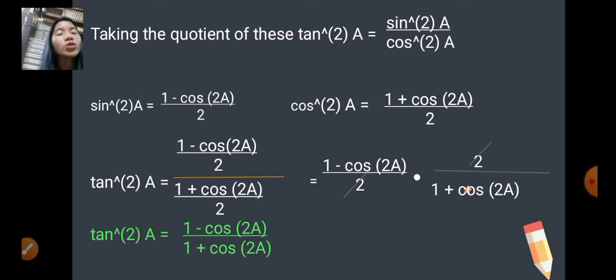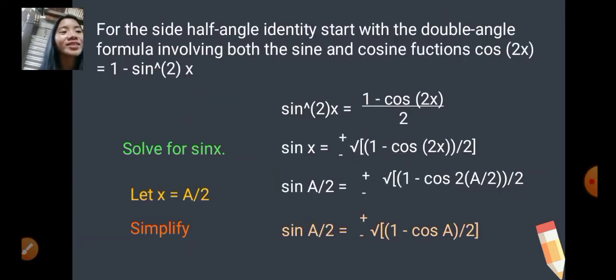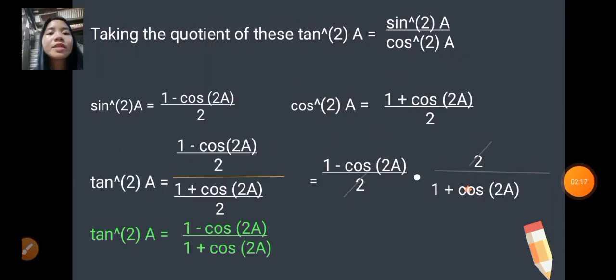So taking the quotient of this, tan squared a is equal to sine squared a over cos squared a. We have sine squared a is equal to (1 minus cos 2a) over 2, and cos squared a is equal to (1 plus cos 2a) over 2. Our tangent is equal to sine over cos.